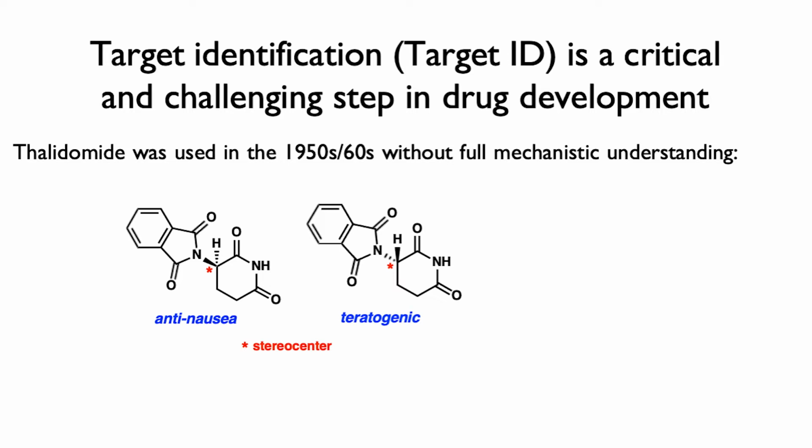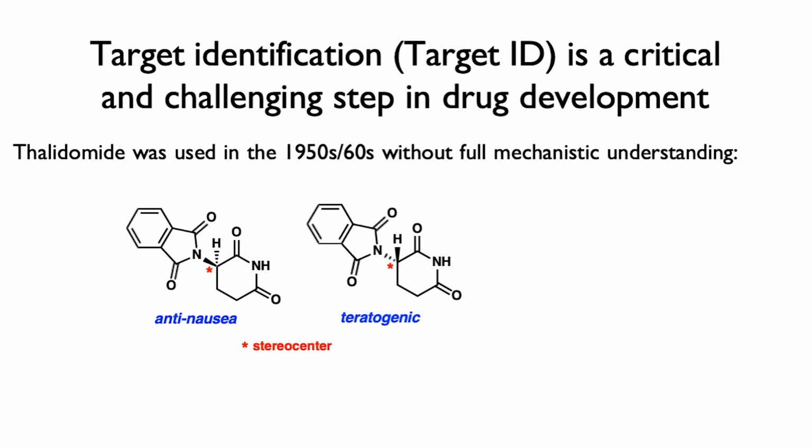So thalidomide, which you might have heard of, does that sound familiar? It is a pretty well-known example of a drug that was not fully understood when it was first administered and led to very terrible effects.